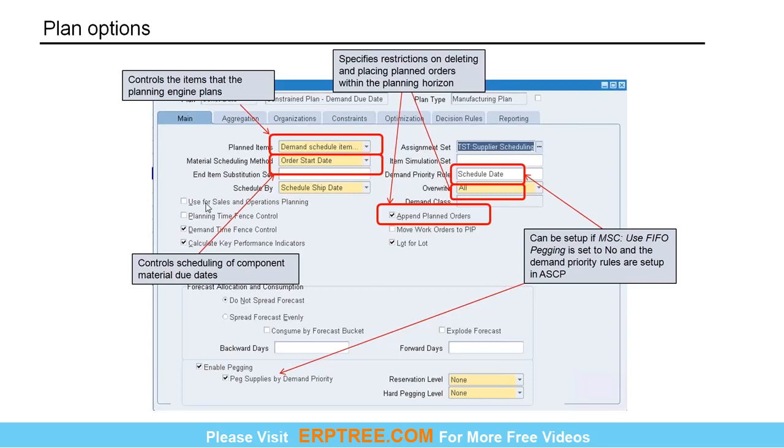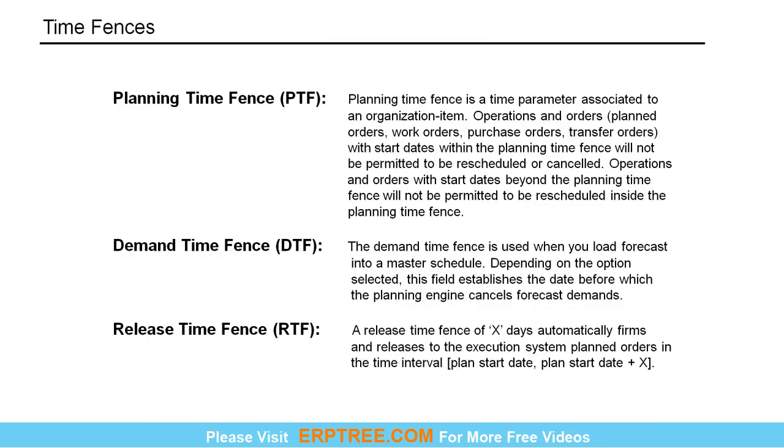Going ahead with the planning time fence. The planning horizon is the time fence within which the planning happens. But the planning time fence is a period wherein the business does not want to release any planned orders.